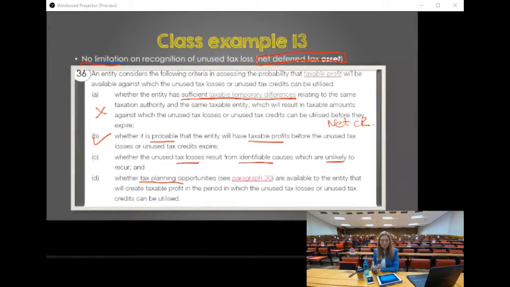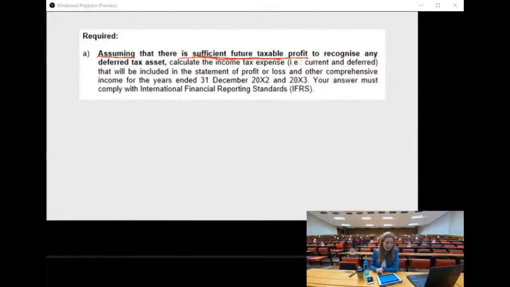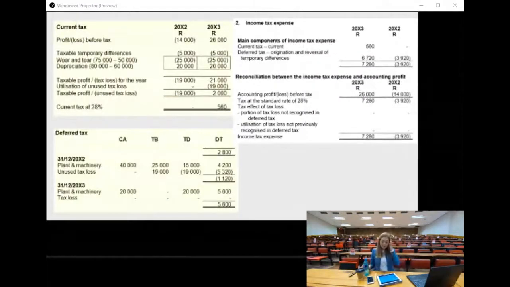And obviously, if we are going to make profits in future, then the reason why we had these tax losses is unlikely to happen again, because we are going to make taxable profits in the future. So therefore, now we can recognize that net deferred tax asset. Good. So if we look at class example 13, then we see the following.